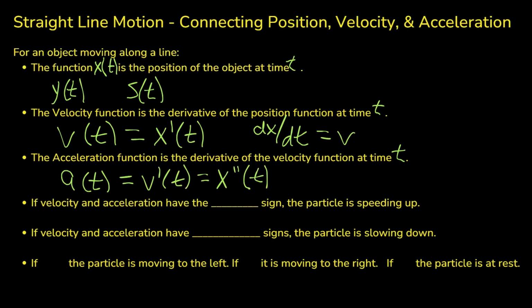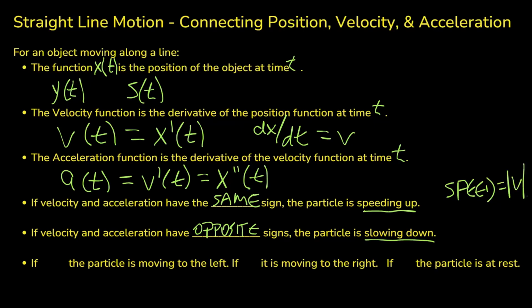Now, a couple important points. If the velocity and the acceleration have the same sign, then the particle is said to be speeding up. Now, if they have opposite signs, then the particle is said to be slowing down. And remember that speed is the absolute value of velocity. Velocity tells you how fast you're going and in which direction, whether it's forward, backward, upward, downward.